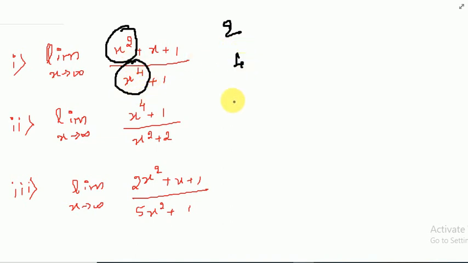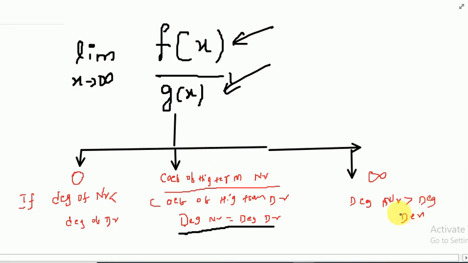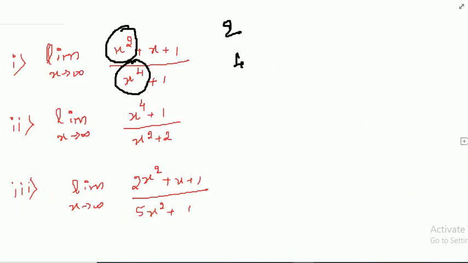Therefore which case is it? Degree of numerator less than degree of denominator. Then what will be the answer? The answer will be 0. Therefore immediately you can say this limiting value will be 0.